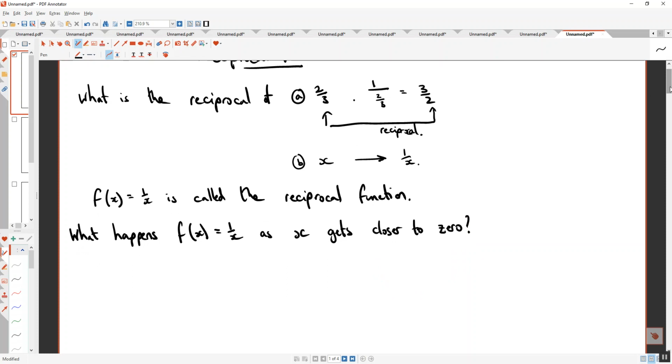It gets big, right? So the closer that x gets to 0, for example, let's say if x is equal to 0.1, then f of x is equal to 1 over 0.1, which is 1 divided by 0.1.